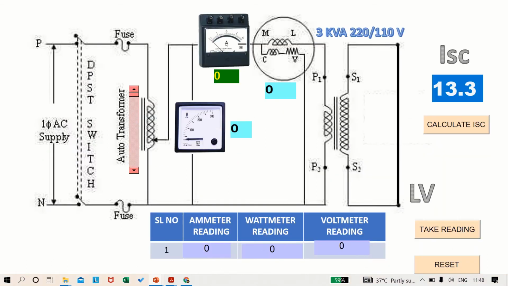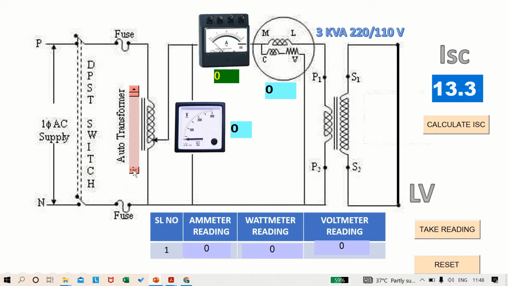After performing the OC test, we have to perform the SC test. The SC test is generally performed on the HV side and the LV side is short circuited. In this SC test, we have to circulate the rated current in the HV winding.